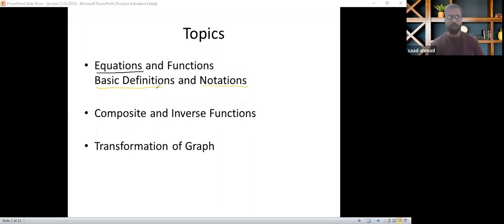First, we'll see it for equations, the basic definitions and the notations, and then we'll see it for functions, basic definitions and notation, and then we will see the composite and the inverse functions, and at the end we will see about the transformation of the graphs.